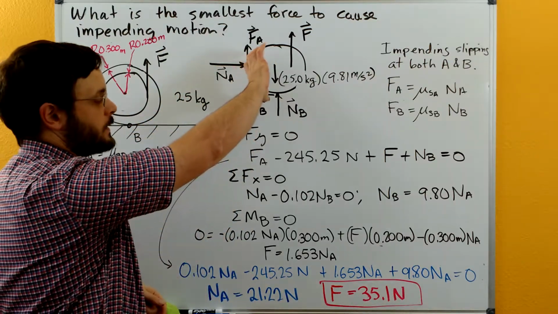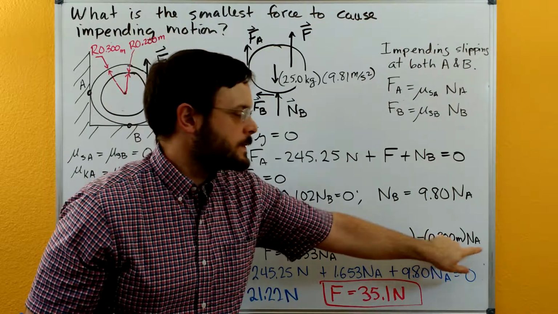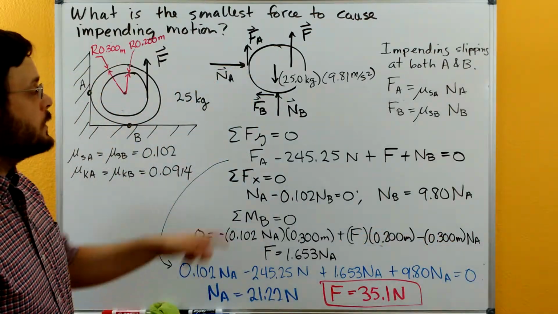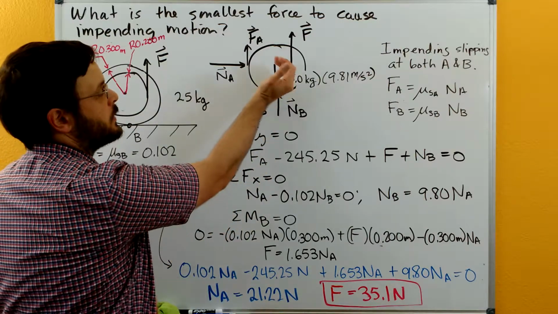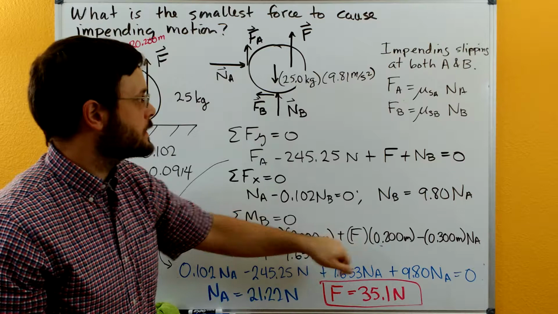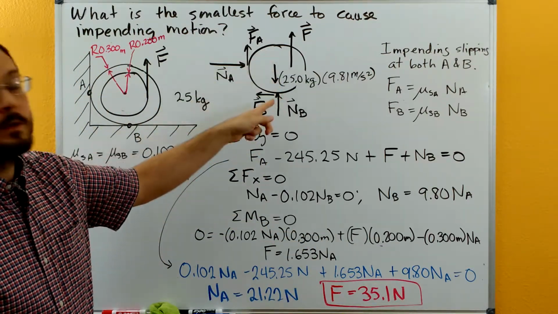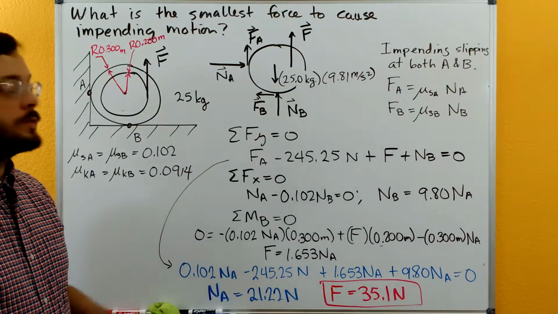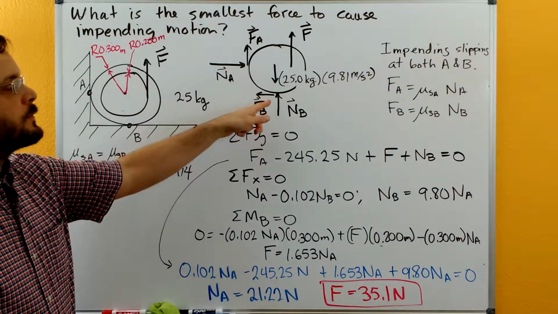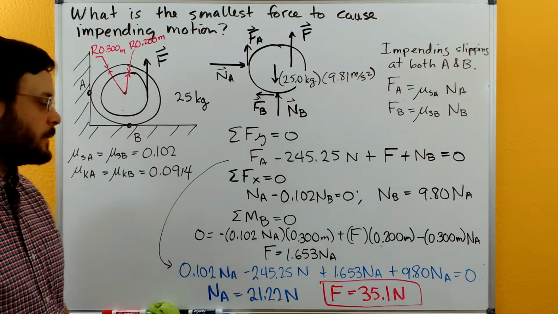So you've got a negative moment, 0.3, the 1 radius times the NA here. And then you have FA. FA is going to be over just the smaller radius, so the 0.2 meters. The weight at the center of gravity is going to go through B, so it won't contribute a moment. And then, of course, if we do the moment at B, the two forces at B don't show up in that moment.